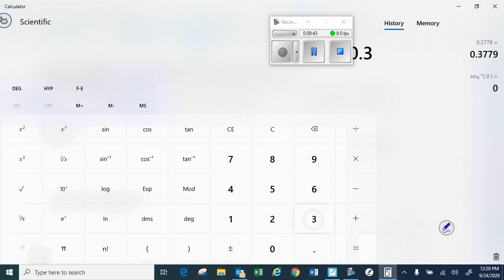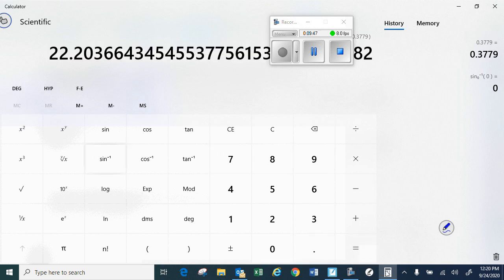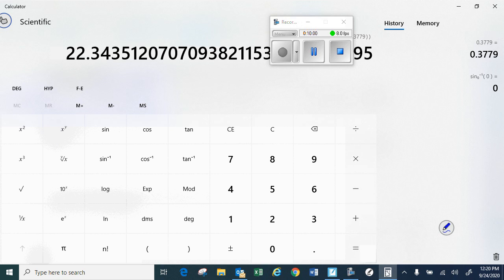So 0.3779, and then I hit inverse sine. And notice I get 22.204. So 22.2 degrees is what it's in, because we are in degrees.